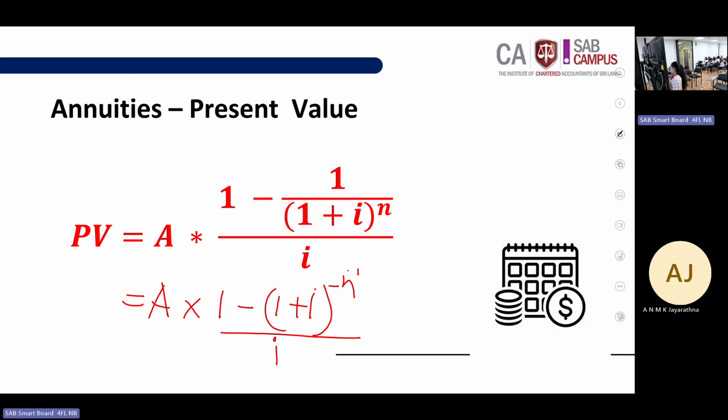Why? This is also the same, right? Taking this 1 plus interest rate to the power n to here might be causing the minus n.